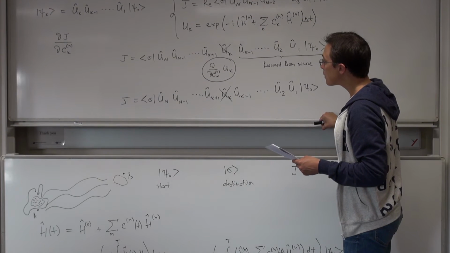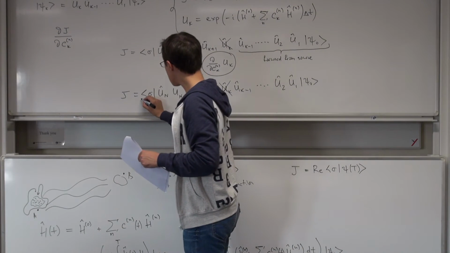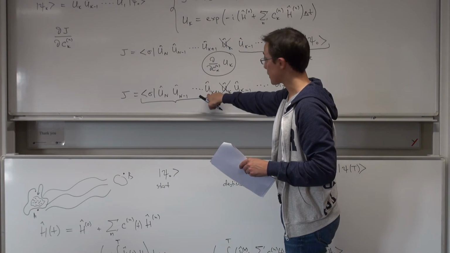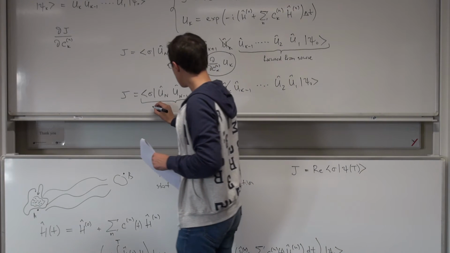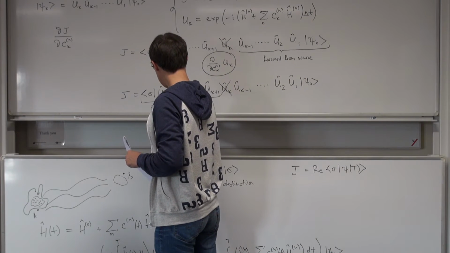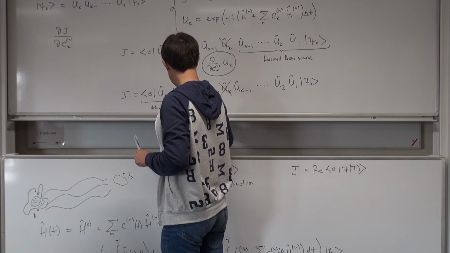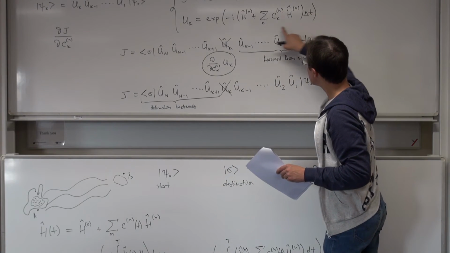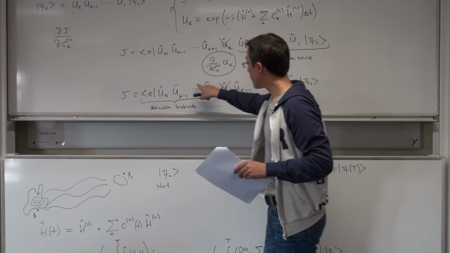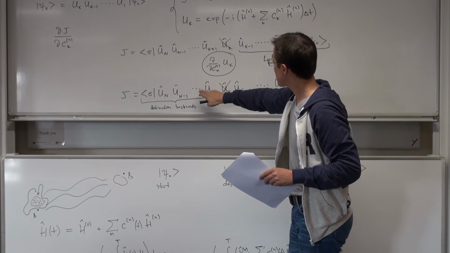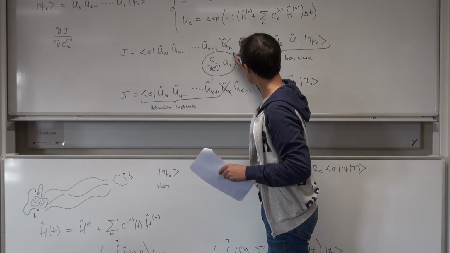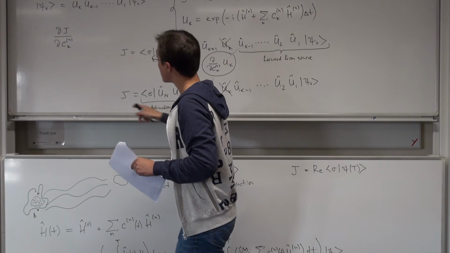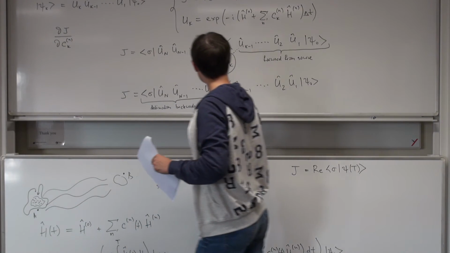And then we need also to propagate the destination state backward up to the point immediately succeeding the one we are differentiating, the destination, backwards. And then this wave function and this wave function, we need to calculate the corresponding matrix element with that derivative. And that would be the dJ by dc_nk.